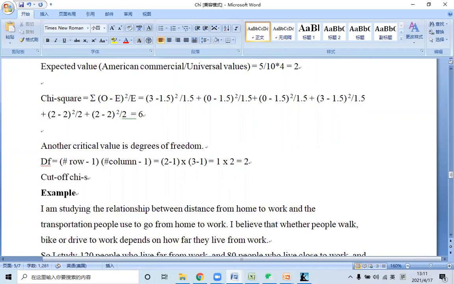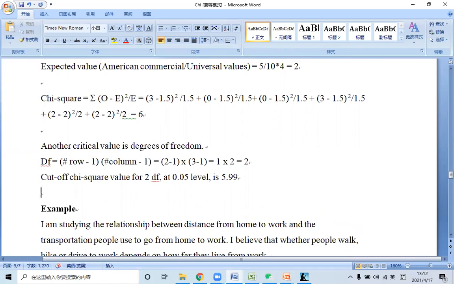Chi-square with 2 degrees of freedom at the 0.05 level is 5.99.